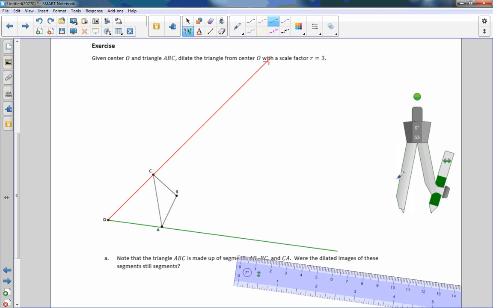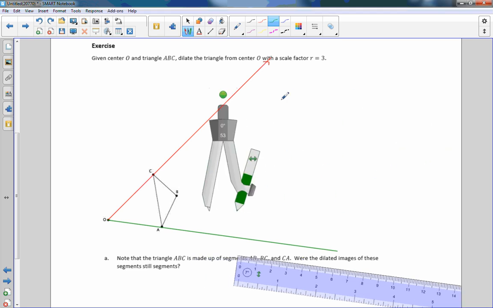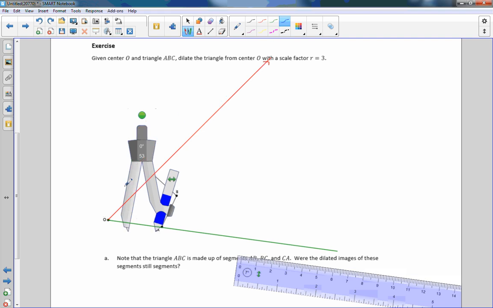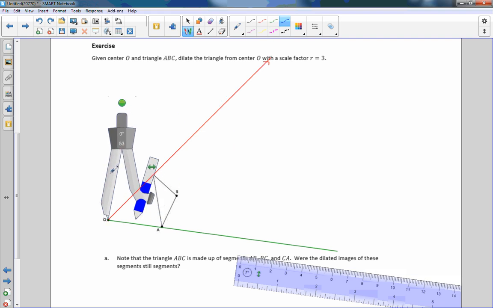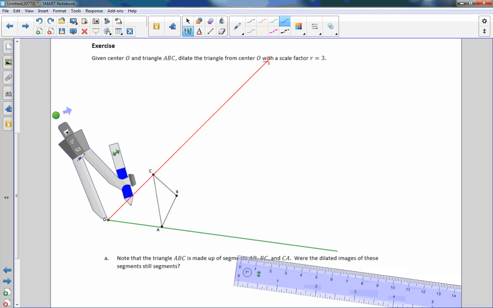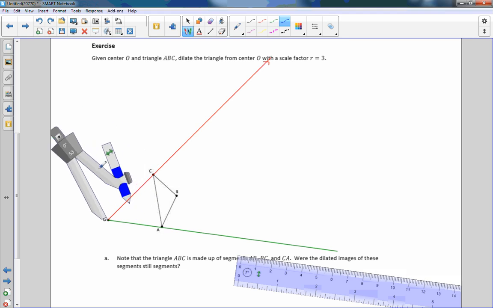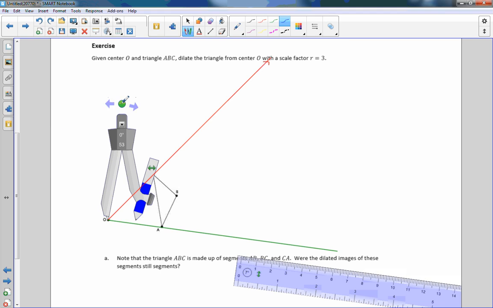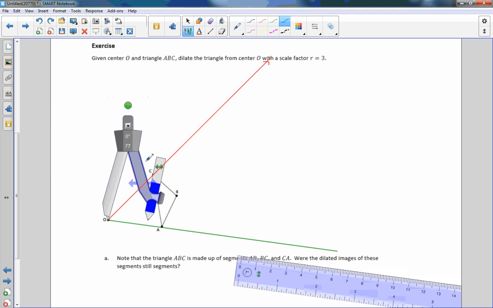So remember, I move my compass over to O like so, and rotate this so I'm on the red. Okay, I can't rotate too far, I'll lose my compass. How am I going to do this?